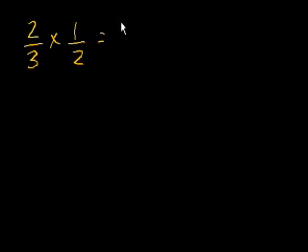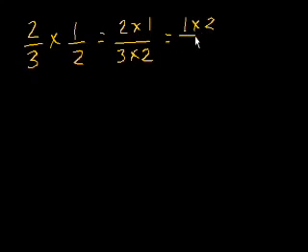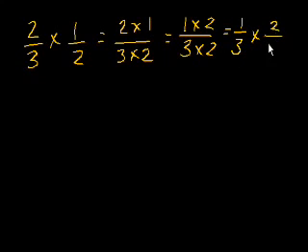Because you know that this is going to be the same thing as 2 times 1 over 3 times 2, which is the same thing, I'm just switching the order on top, as 1 times 2 over 3 times 2, right? All I did is switch the order on top because you can multiply in either direction. And that's the same thing as 1/3 times 2/2. Well, that just is 1/3 times 1, which is equal to 1/3.